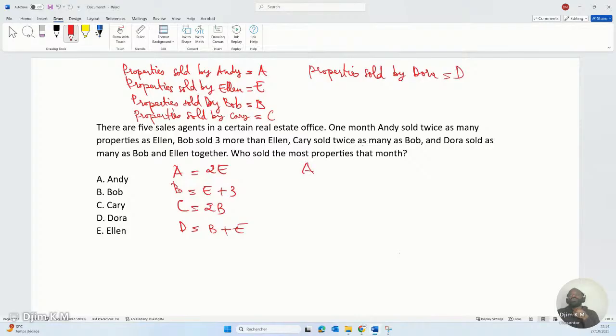So A is equal to 2E. So that means that A sold more than E. So it's not Ellen because A sold more than Ellen.